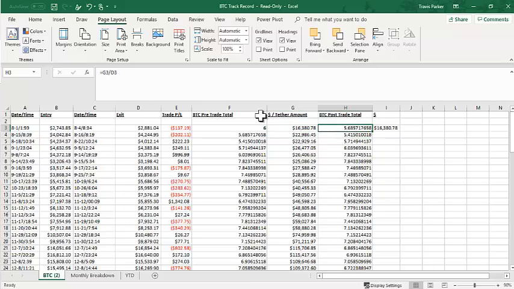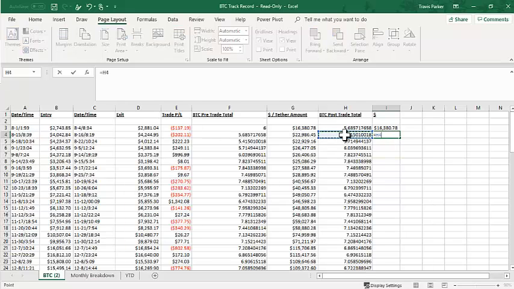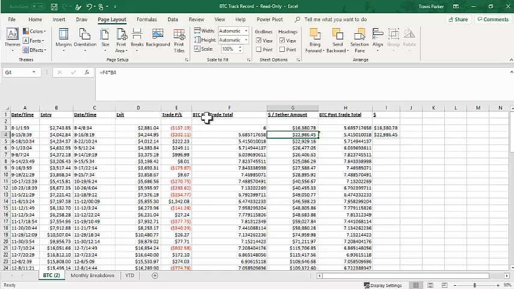Then we bought back in, hedged out here and bought back in here, but we're still going to have the same dollar amount. So the way to define this would be to multiply the amount of coins you had post-trade by the exit price, which is here, and it should add up to the exact same each time.